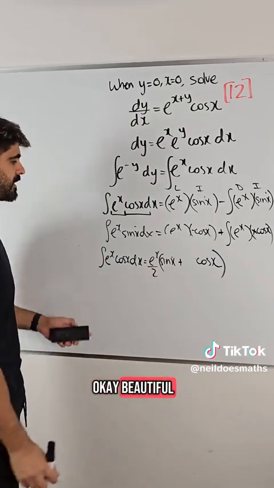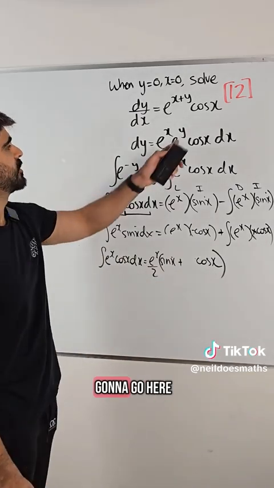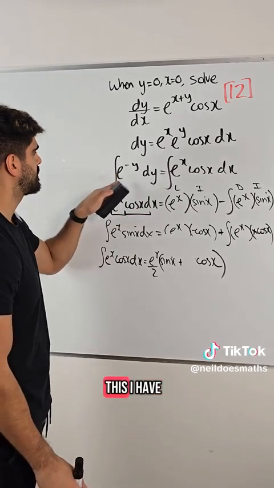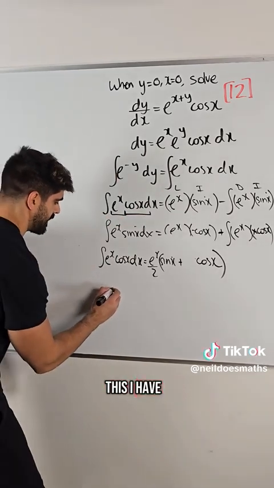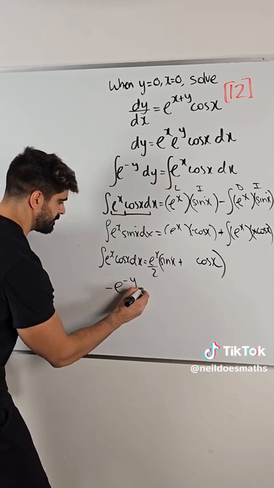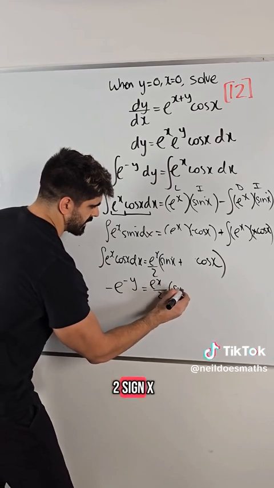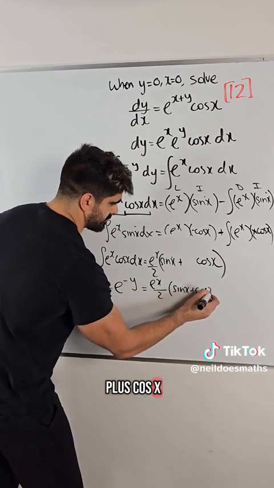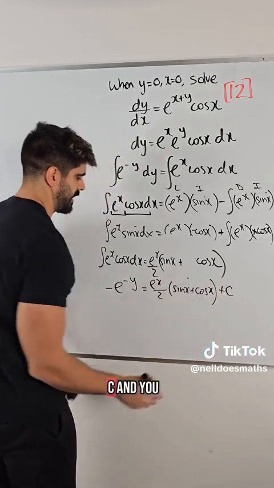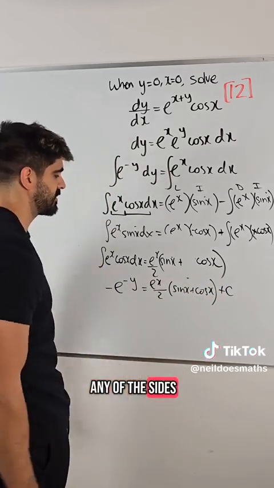Okay, beautiful. So that is going to go here. This, I have minus e to the minus y is e to the x over 2 times (sine x plus cos x) plus c. And you could have written it on any of the sides, okay?